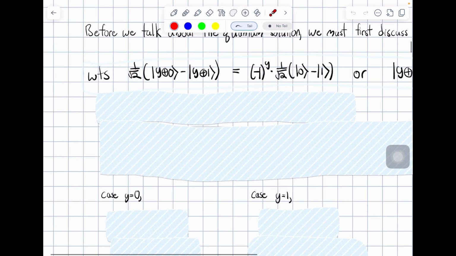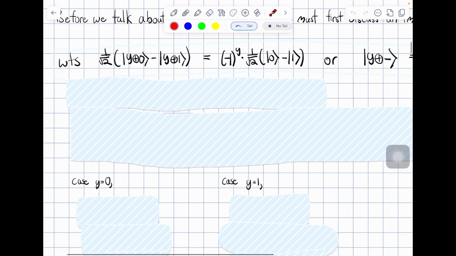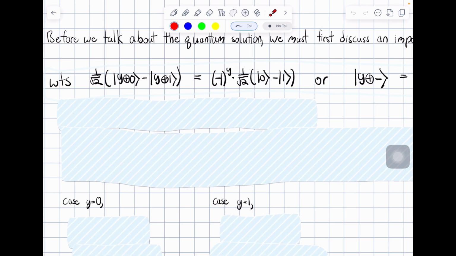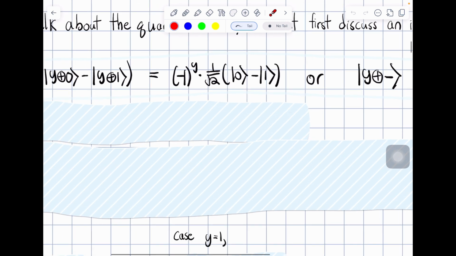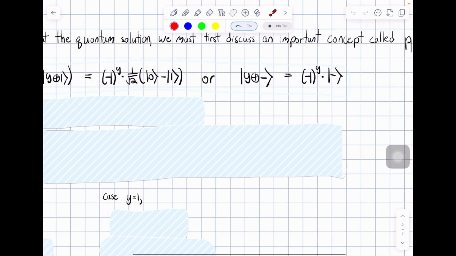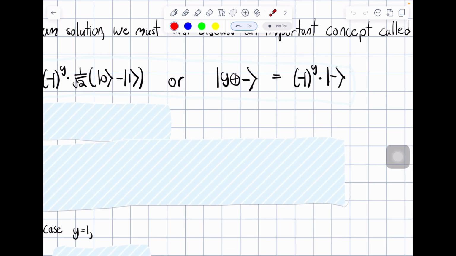By the way, y in this case is just going to be an arbitrary bit, either 0 or 1. And I want to show that it's equal to negative 1 to the y power times the minus state. 1 over square root 2 times 0 minus 1, that's the minus state. And if you look to the right, this is just another way to write that: y XOR minus is equal to negative 1 to the y times the minus state.